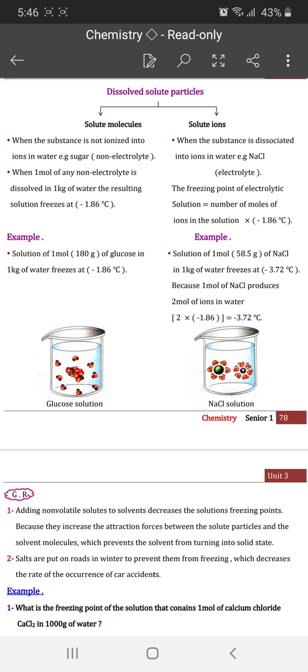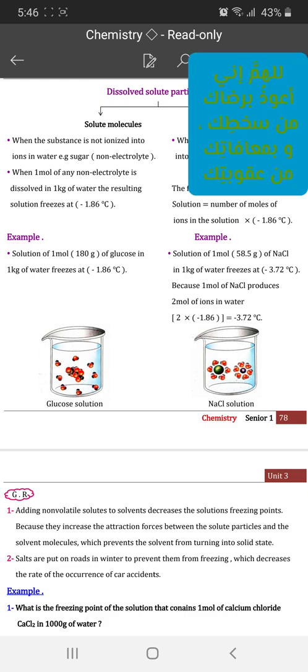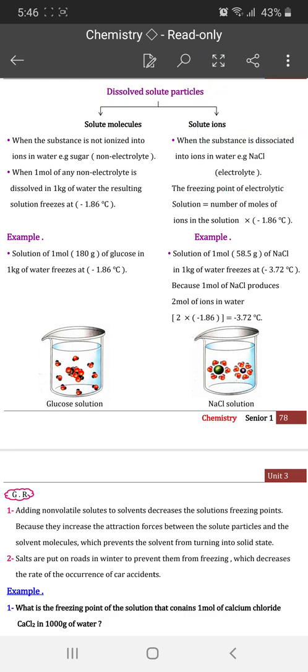So when a substance is not ionized in water, like sugar for example, C6H12O6, when 1 mole of any non-electrolyte is dissolved in 1 kilogram of water, the resulting solution freezes at negative 1.86. Example: a solution of 1 mole, 180 gram of glucose, and 180 gram is the molar mass of glucose, in 1 kilogram of water freezes at negative 1.86 Celsius degree.